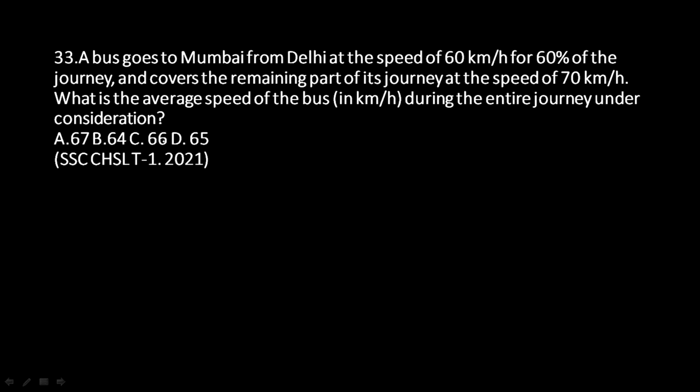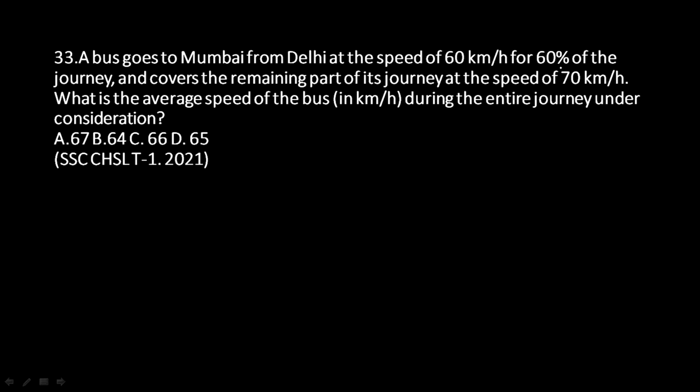Next, a bus goes from Mumbai to Delhi at a speed of 60 km per hour for 60% of the journey and covers the remaining part of its journey at the speed of 70 km per hour. What is the average speed of the bus in km per hour during the entire journey under consideration? So I will solve it.